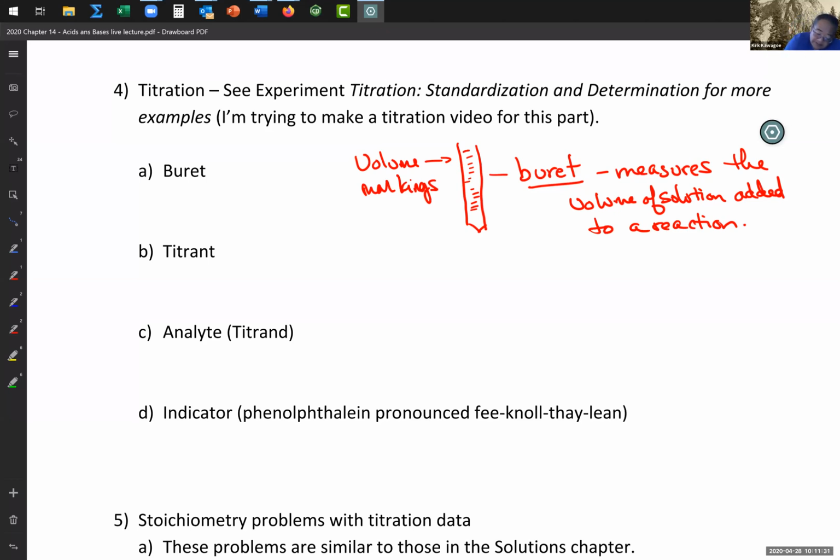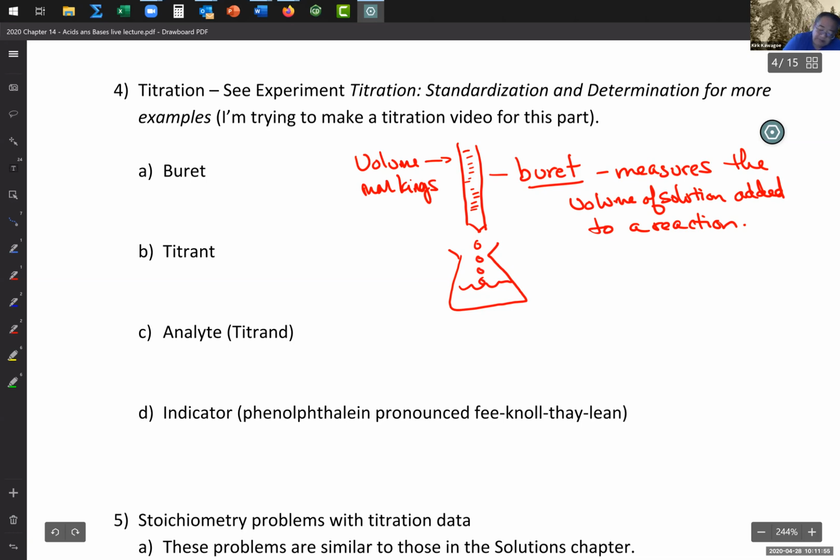And then underneath that, you're going to have a solution in a flask, right? Or a solid. Sometimes you'll have a solid. Typically, even if you have a solid, you'll add water to it or a solvent to it to make a solution out of it. And you're going to be adding this liquid, it's going to drip down into here.